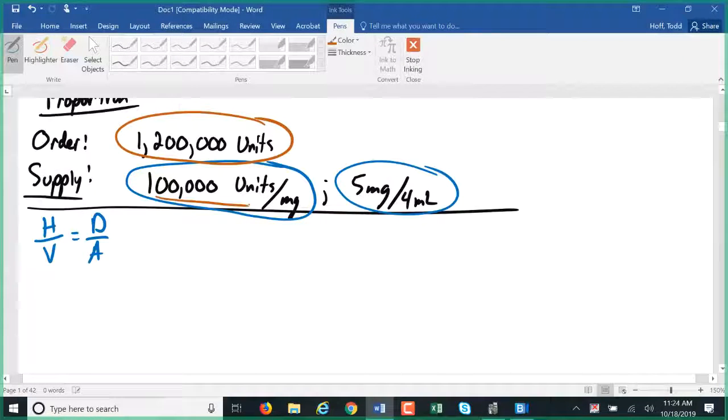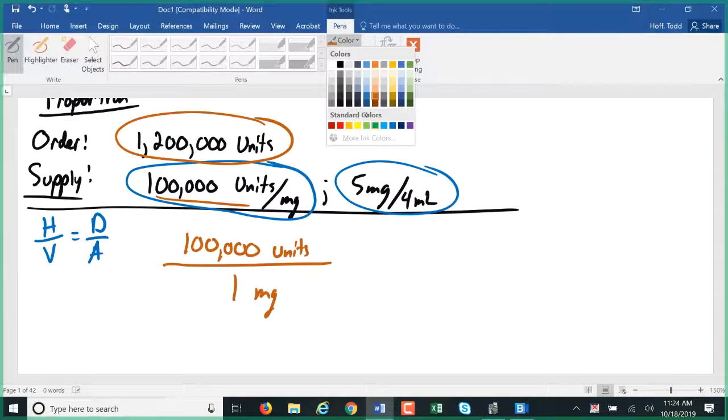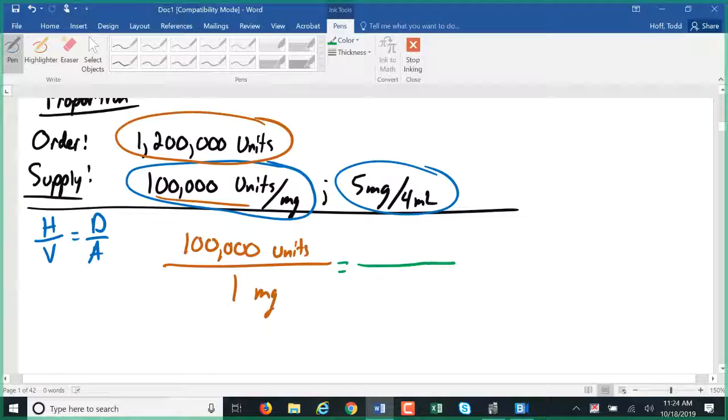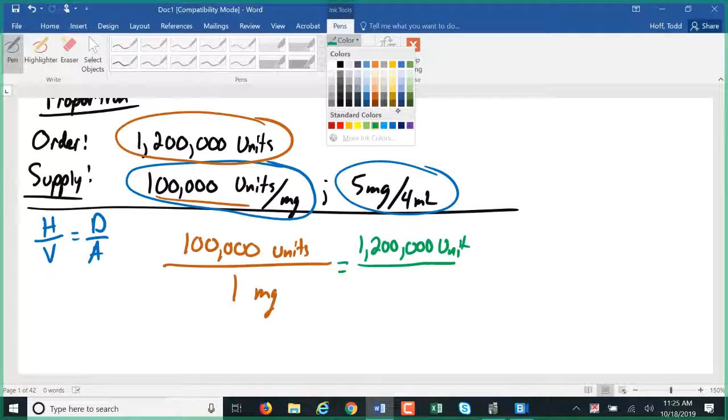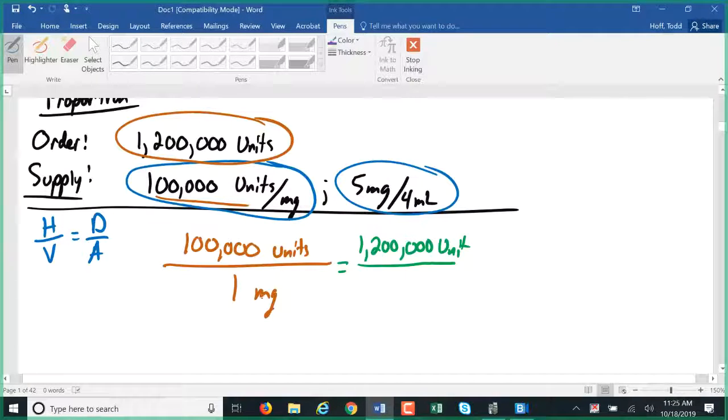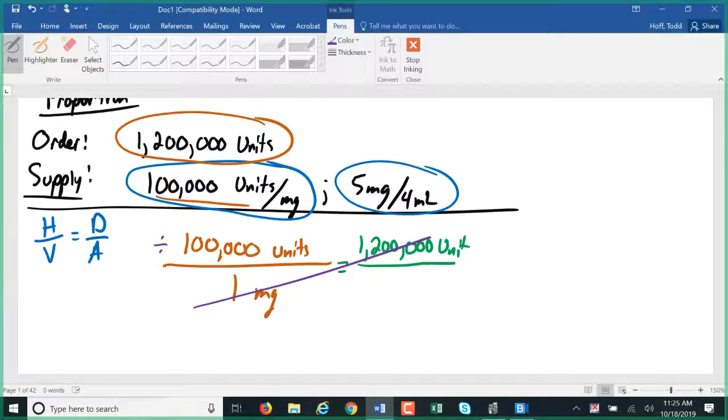It's going to be the 100,000 units per milligram, that's per 1 milligram. The other side of that, 1,200,000 units ordered by the doctor goes on top because we have to have units on top. And we'll cross multiply and divide. 1,200,000 units times 1 milligram divided by 100,000 units is 12 milligrams.